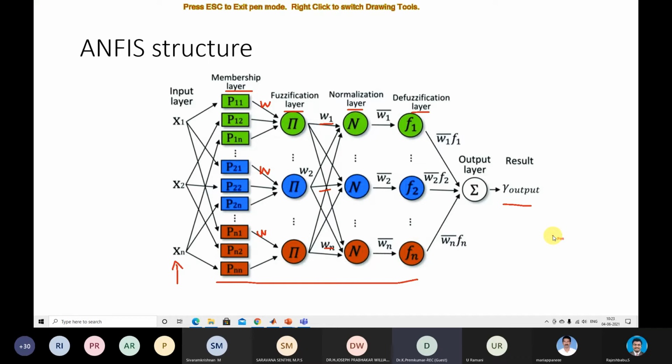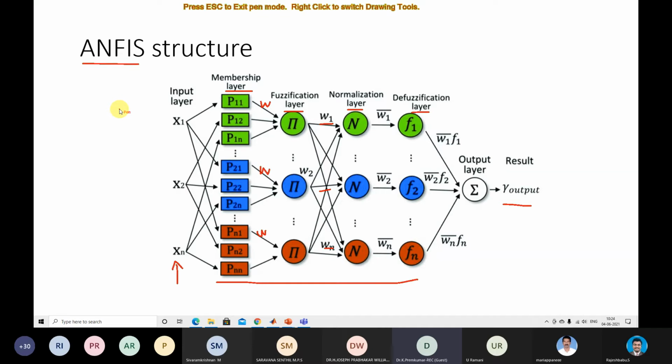Why is it called ANFIS? ANFIS is the adaptive neuro-fuzzy inference system. We are going to combine the characteristics of the artificial neural network and the fuzzy logic system. You take the best characteristics of the neural network and the fuzzy inference system and club them together to frame the network.